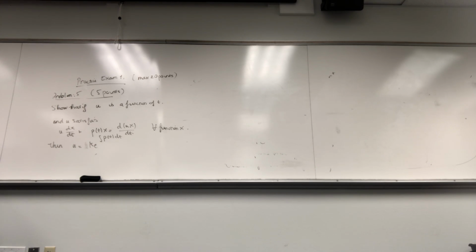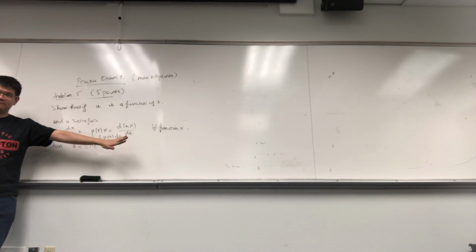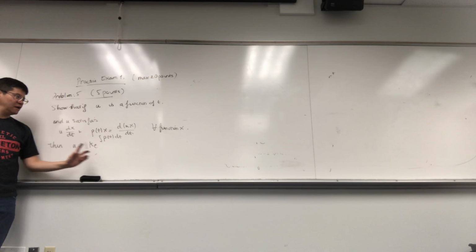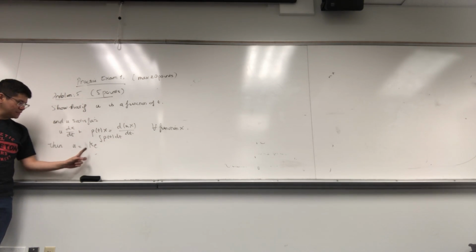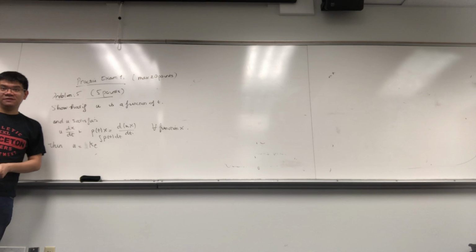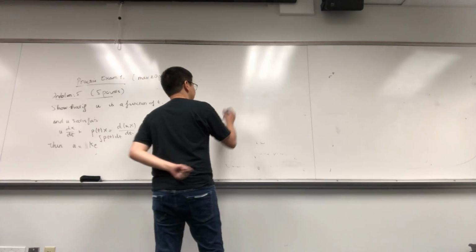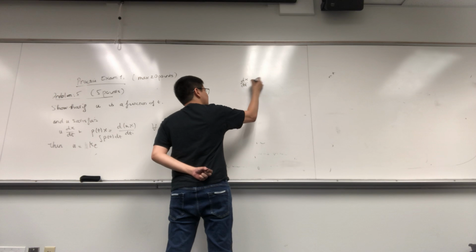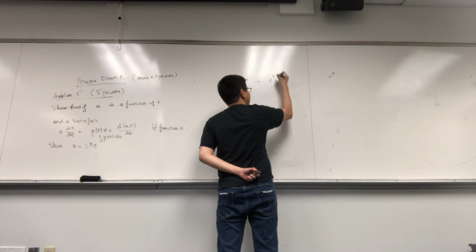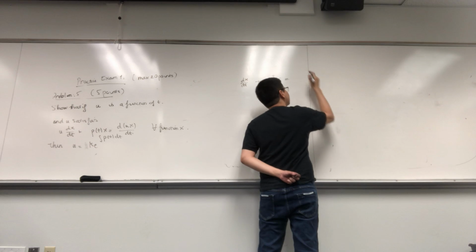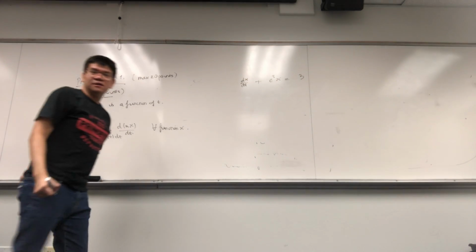All right, so this is basically how you find the integrating factor. Suppose that you satisfy this identity for all functions x, so u should be k times exponential of the integral of p(t) dt. In the previous case, what did we have? We have dx/dt plus e to the t x is 3, right? This is the p(t).